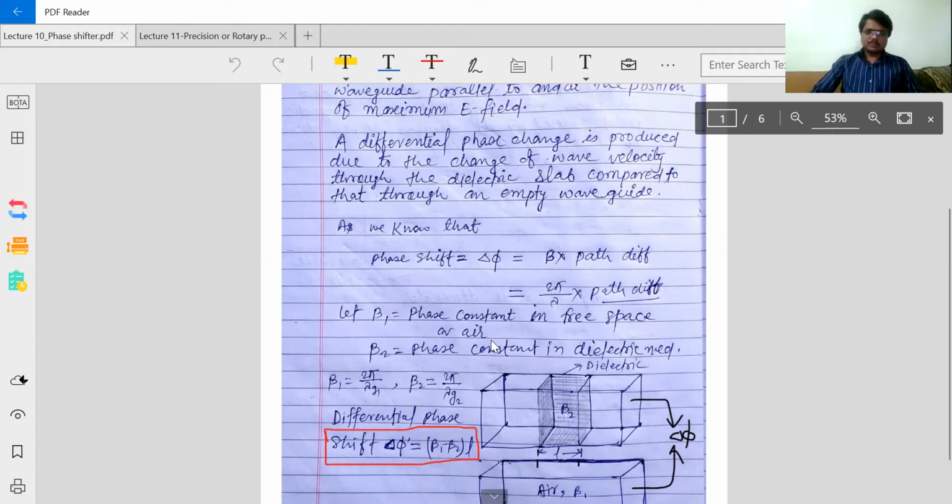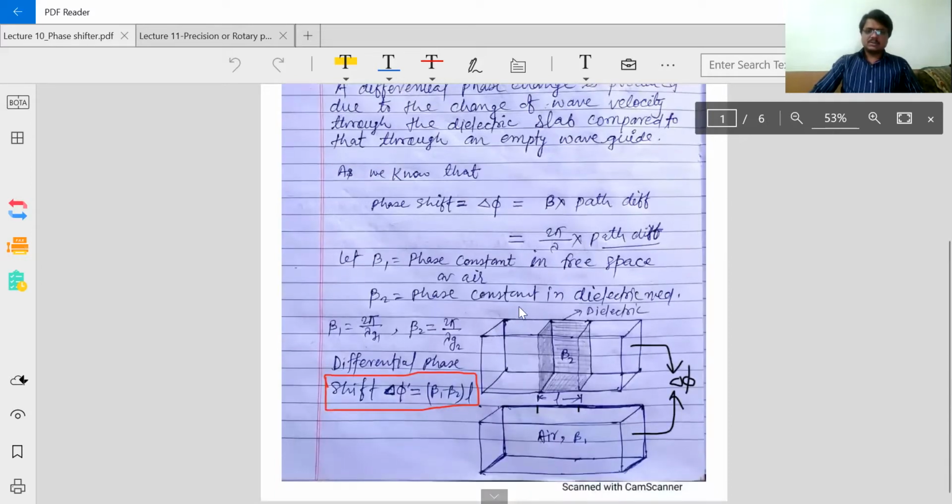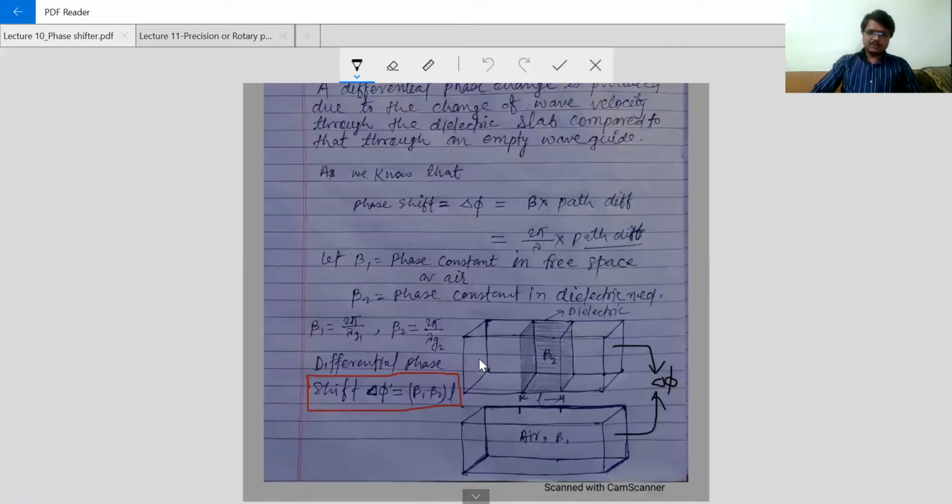So what this means is, let us suppose the wave is traveling through this medium from here to here, and it is divided from here, and up to here the path length L is the same.